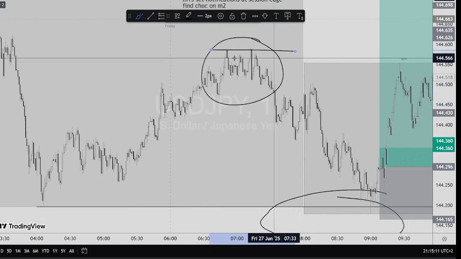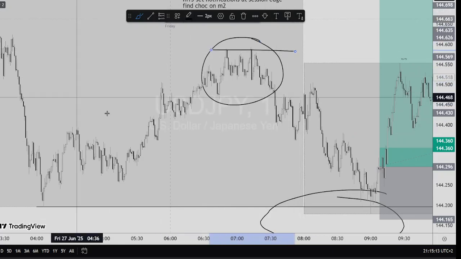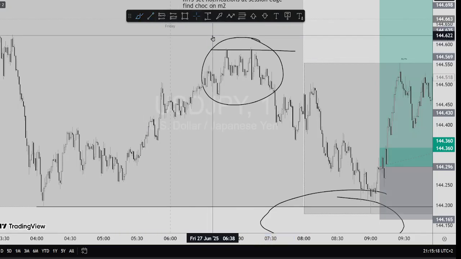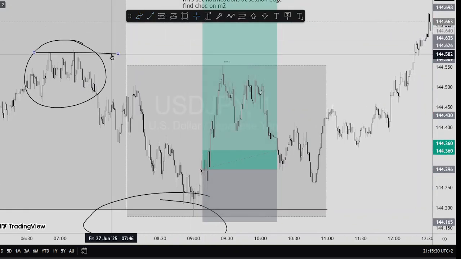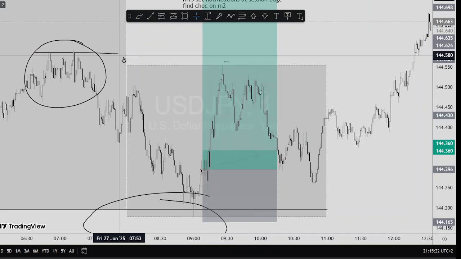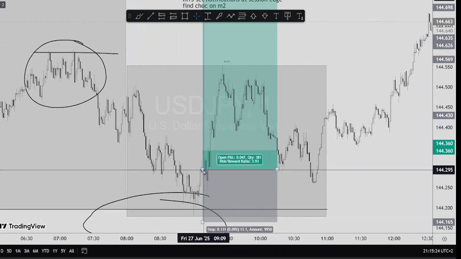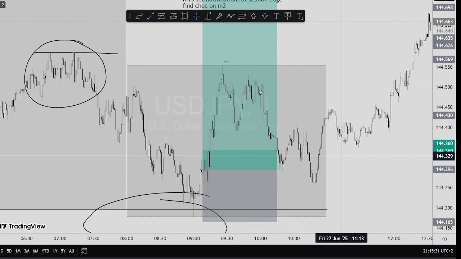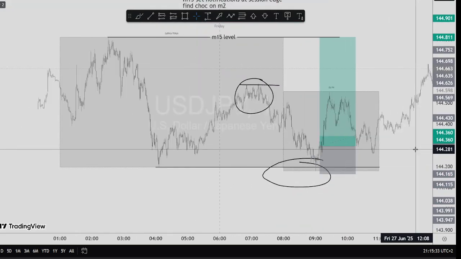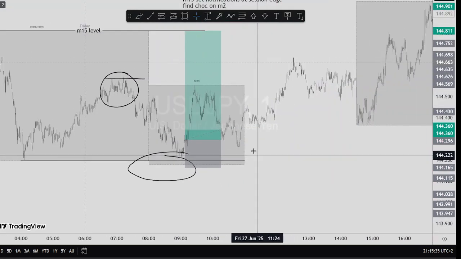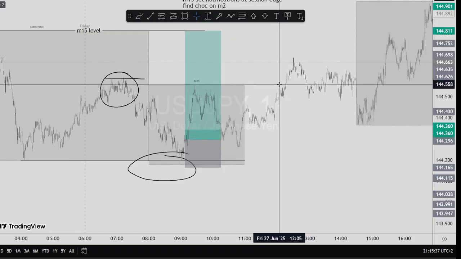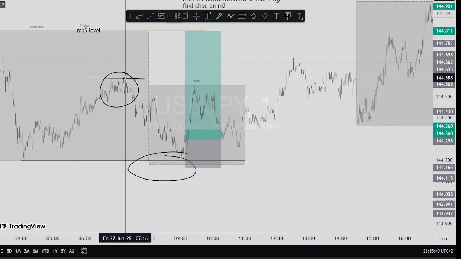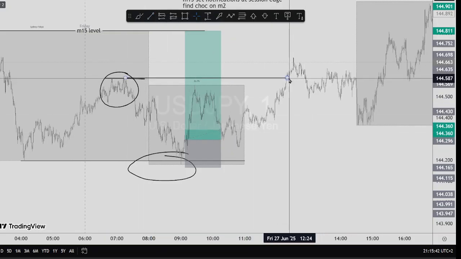If we get to this level, price should move, stop to 0, and I should take off 10% of the position, also 1-to-1. And if we zoom out in this case, we ended up, the result would have been here.